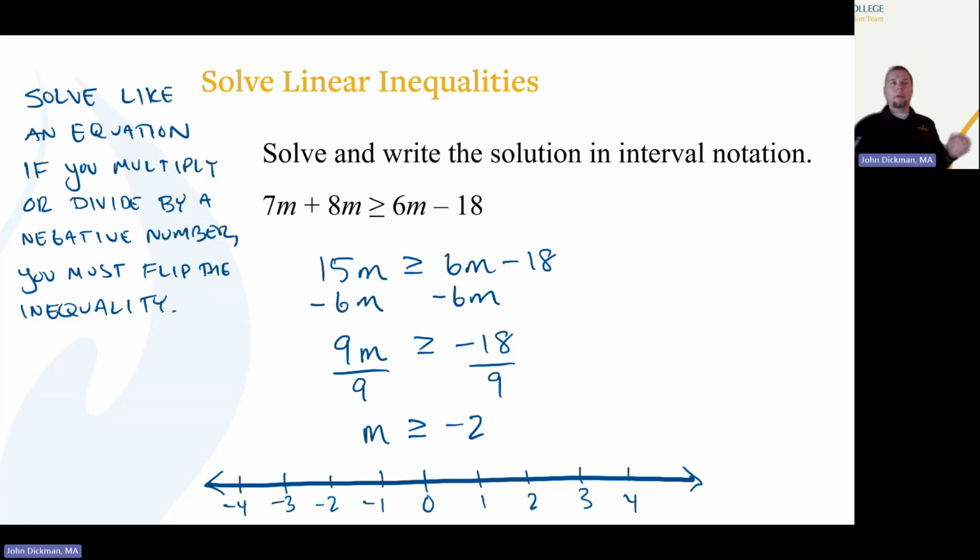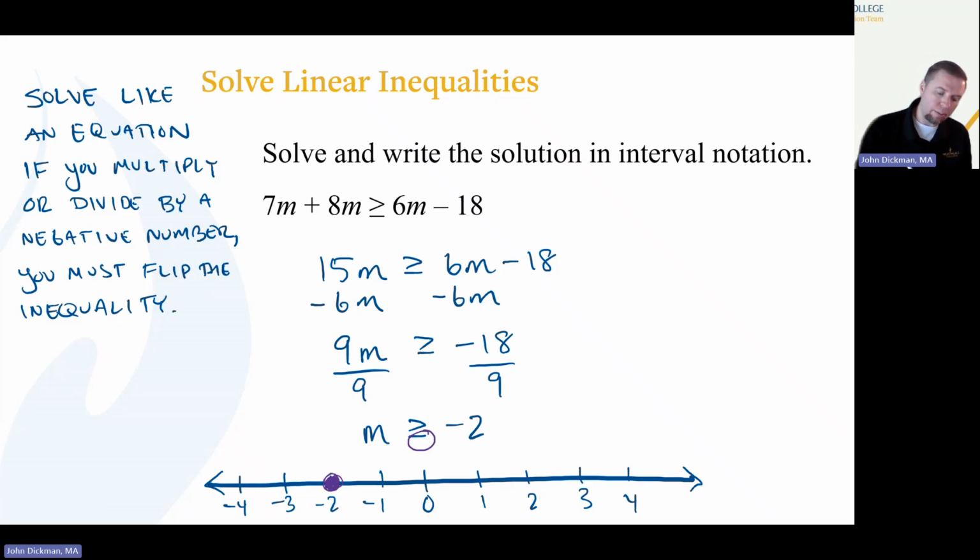So we have a number line. The representation of this answer that I just got, m is greater than or equal to negative 2, on this number line is I would have a filled in circle on negative 2 because I'm also equal to negative 2. I'm not just greater than, I'm also equal to negative 2.